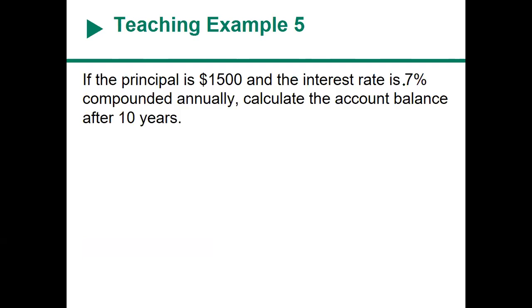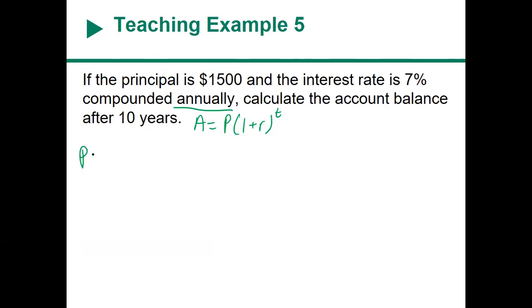So let's do an example. So we have here, if the principal is 1,500 and the interest rate is 7%, compound annually, calculate the account balance. So again, this one lets us know that it's an annual compound, so we can use the simple, which is A equals P times 1 plus R to the T. And we have to just identify all parts.